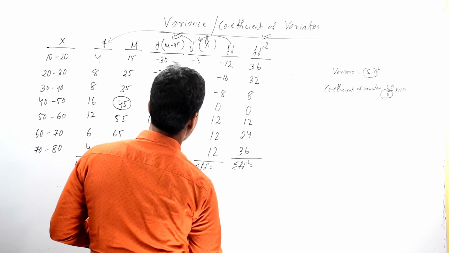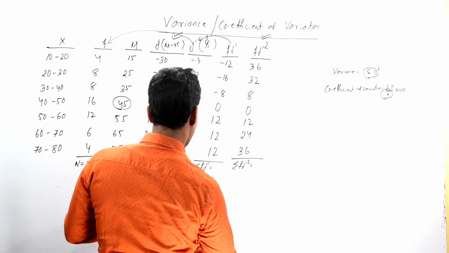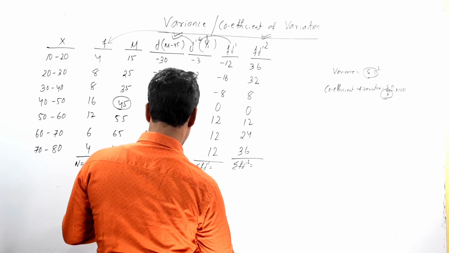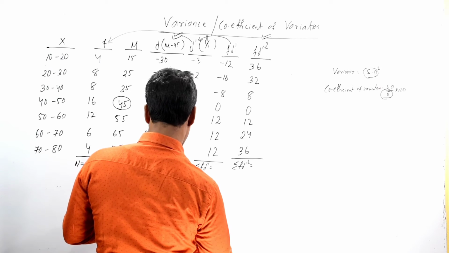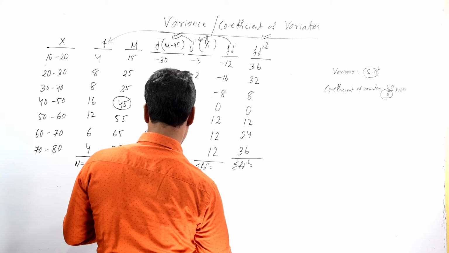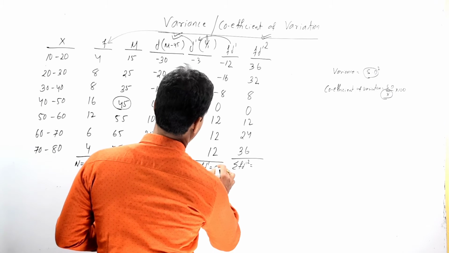Summation of f d dash, that is 12 plus 12 plus 12, that is 36, minus 8, minus 16 and minus 12, that is 0.